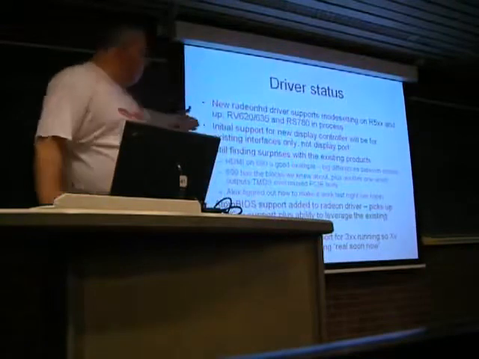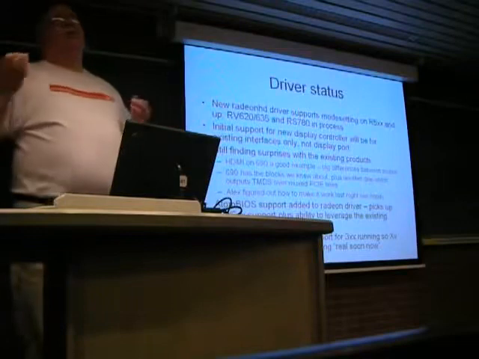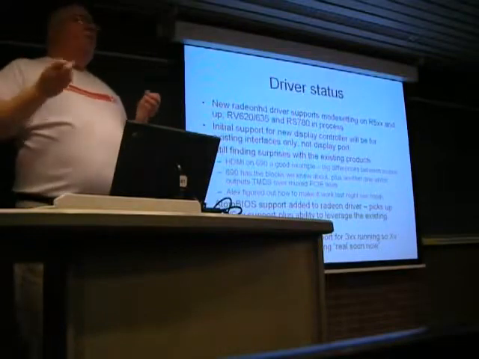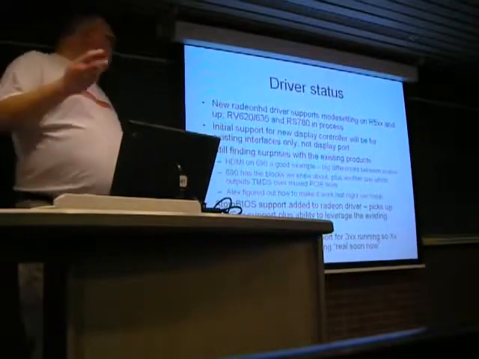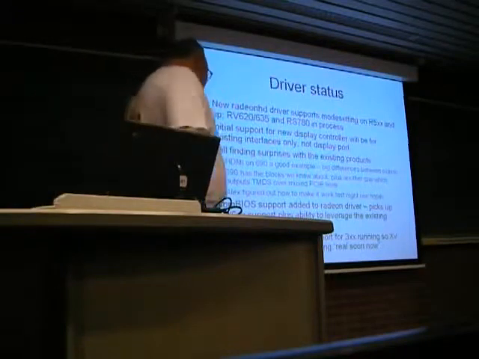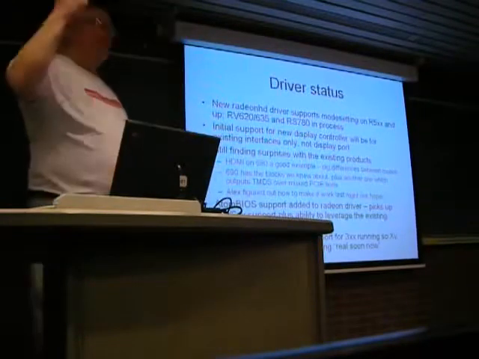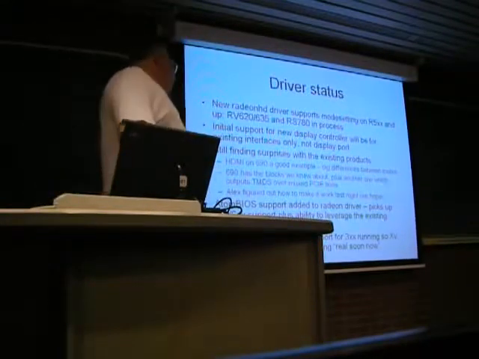Anyways, the existing interface is not DisplayPort. Having said that, the way it's looking, by the time we've got everything figured out enough to do the existing interfaces, DisplayPort should be easy. So, still finding surprises with existing products, and just the example here, I think the last week or two, we've had like 1 million emails back and forth.